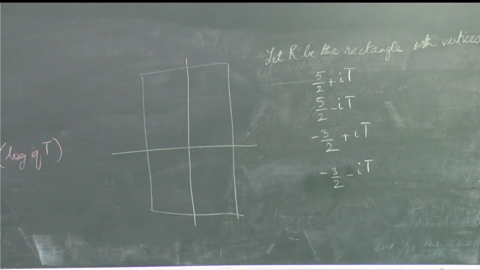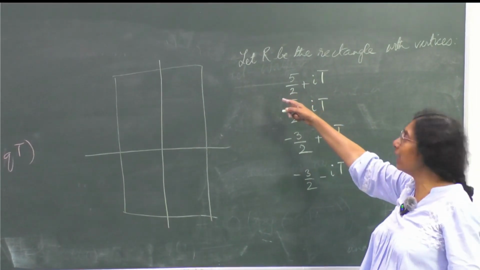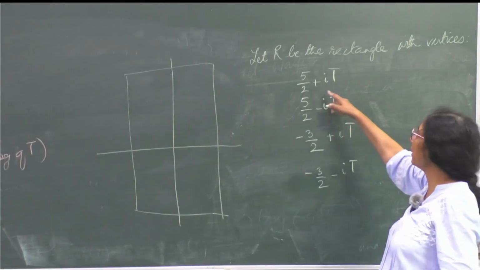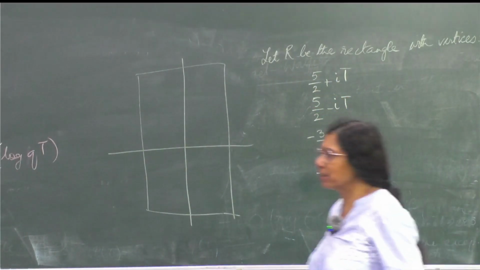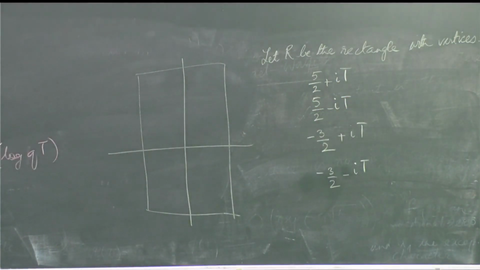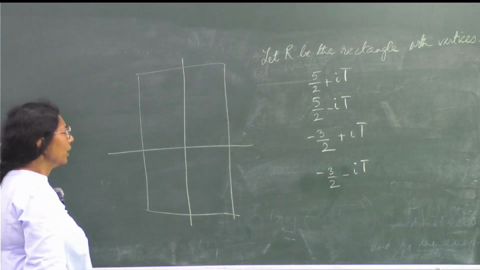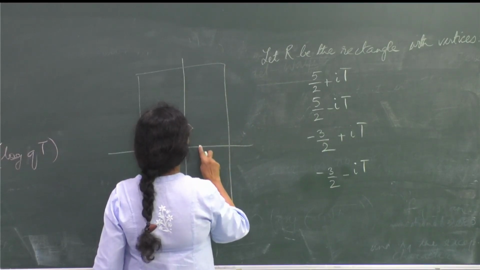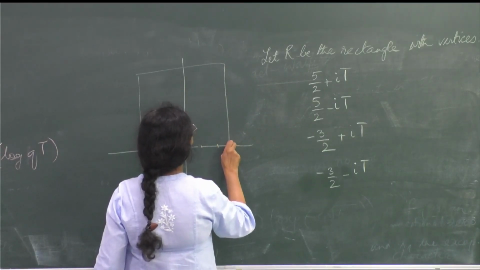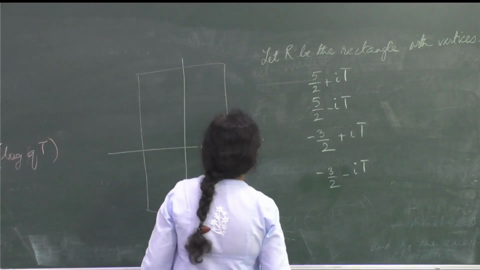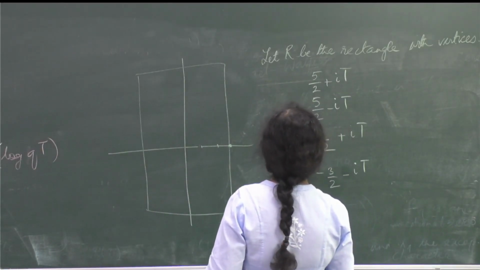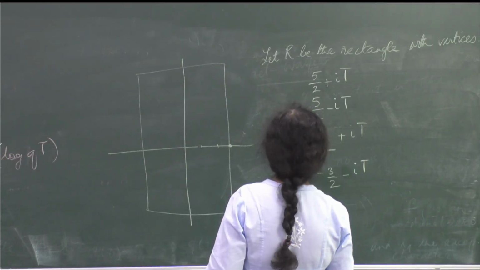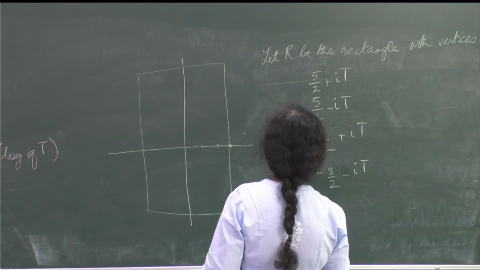You could have taken something else, but this seems to be an easy thing. 5 by 2 means I'm at a little bit more than 2, say 2.5. Say here 5 by 2 plus iT and minus iT, and minus 3 by 2, so 1 and 1.5, say here.